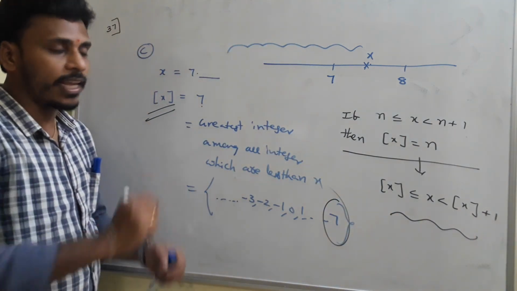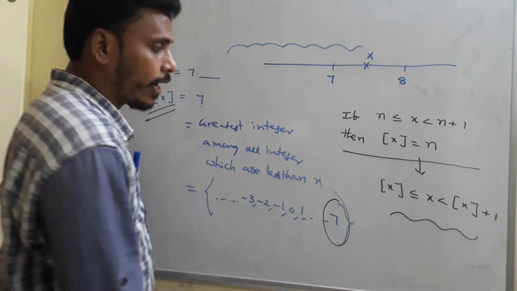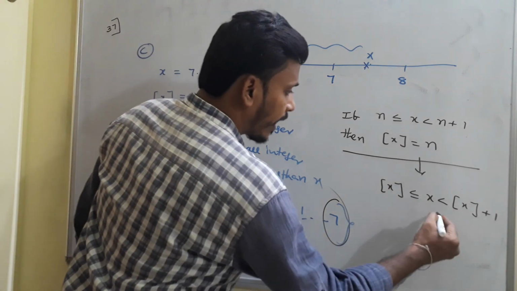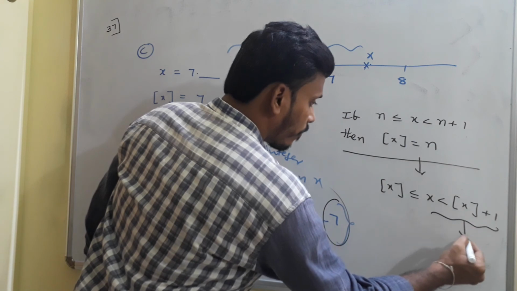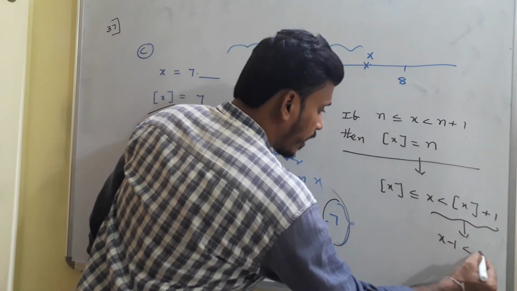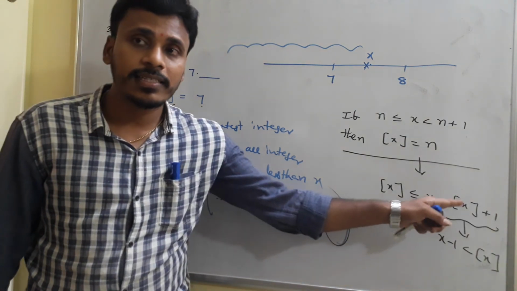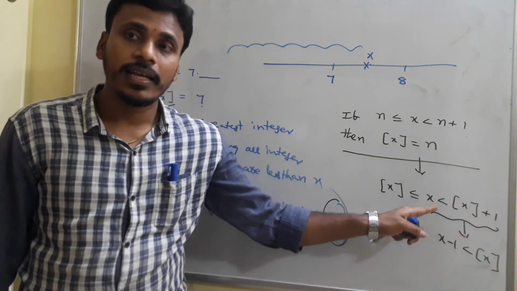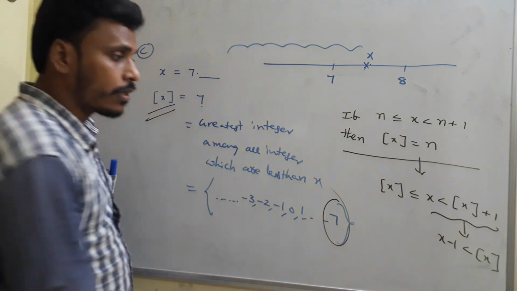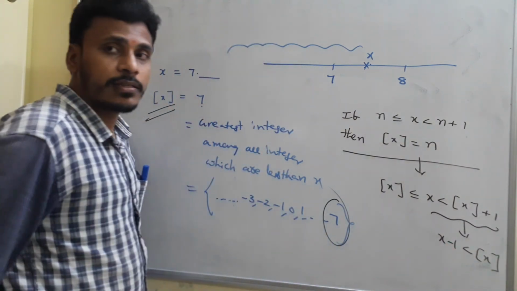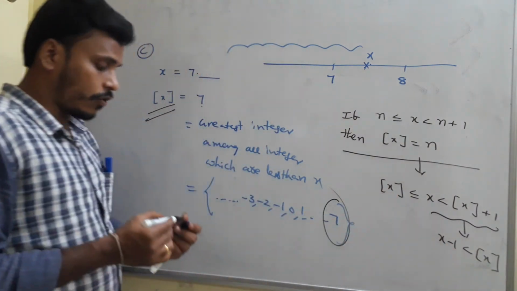And when you rearrange, you also get one more idea. See, just look there. x less than step x plus 1. From there it is very clear that x minus 1 is less than step x. Since x is less than step x plus 1, send that 1 this side, x minus 1 is less than step x. And here step x is less than or equal to x.